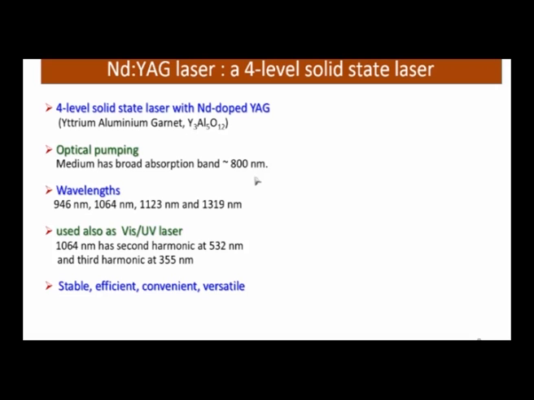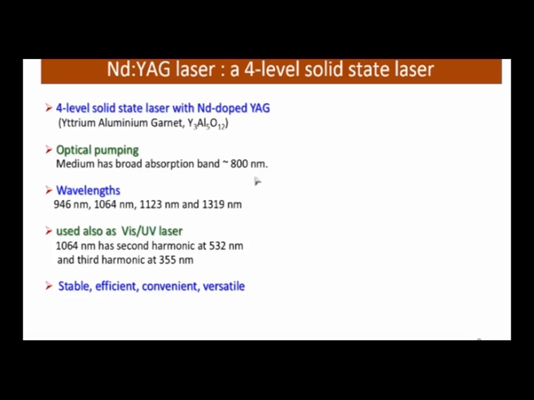It will be half of this and 1/3 of this wavelength, because the frequency is doubled and tripled. Thus, you can get 532 nanometer in the green region and 355 nearly the violet, ultraviolet region. Both can be obtained from this laser system using the technique of harmonic generation.